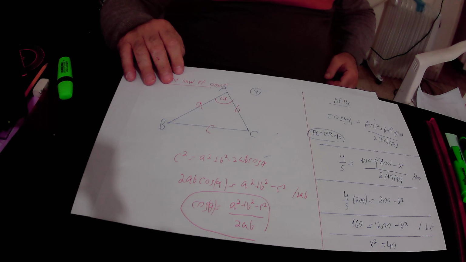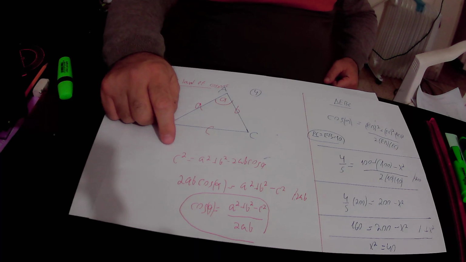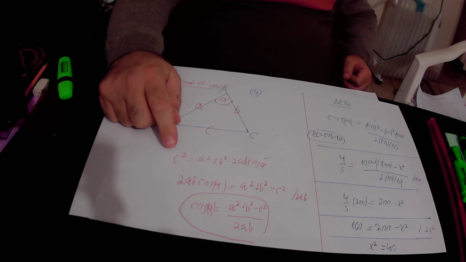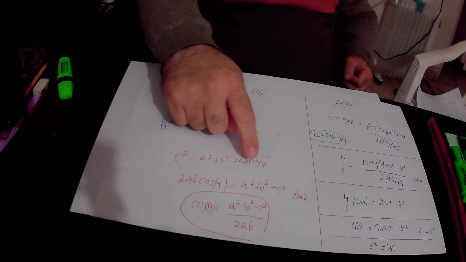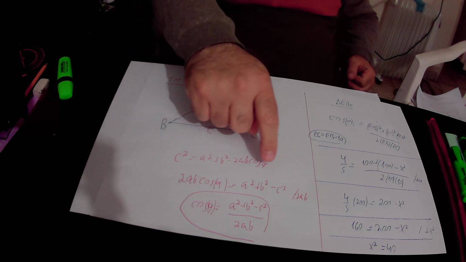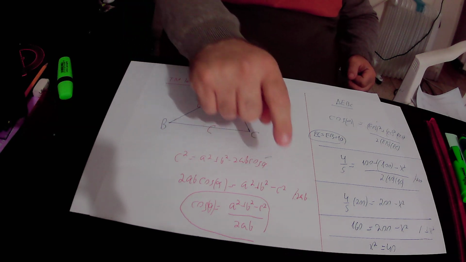So here we will add 2 times AB cosine alpha to this equation, and we'll subtract C squared simultaneously. We get that 2 times AB cosine alpha is on this side, and C squared is on this side, so it becomes minus C squared.